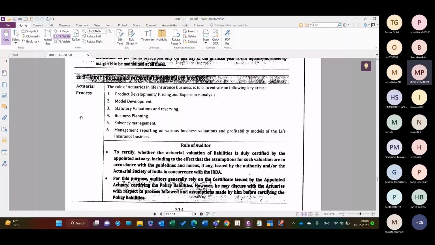So obviously, whatever the premium is collected by the insurance companies will not be kept idle, and it is not an income. If that premium is required to be returned to the insurance policy holder, then you have to invest.